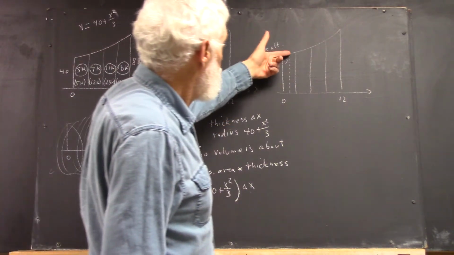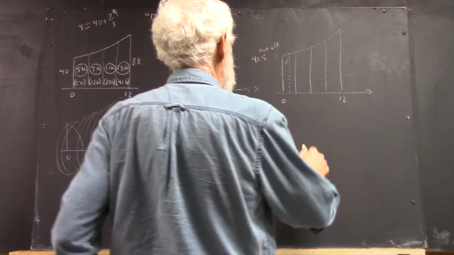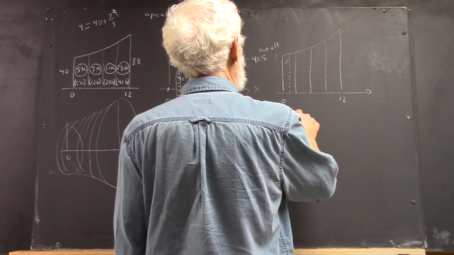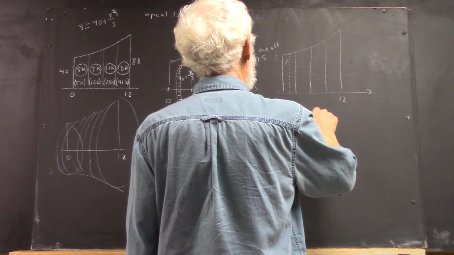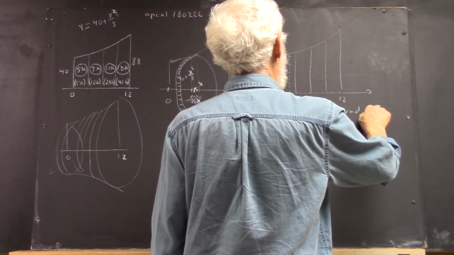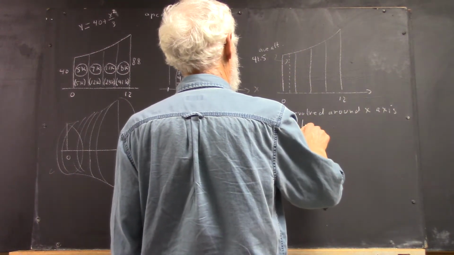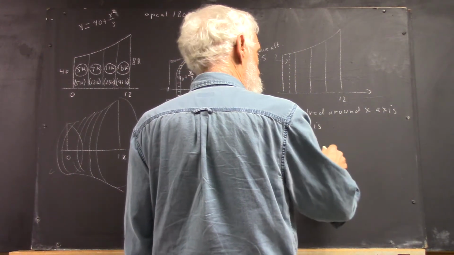If I was to revolve this trapezoid around the x-axis, the volume is going to be what?